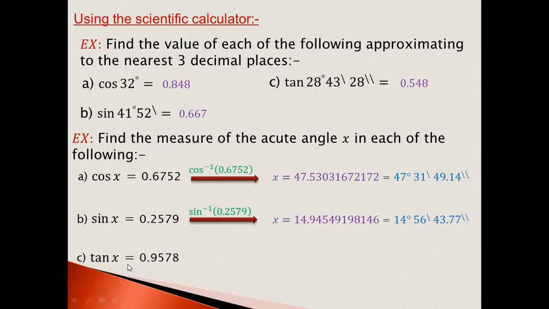Tan x equals 0.9578. We can press shift in the calculator and then write 0.9578. And then the value of x is going to be this value. And then we can convert it into degrees and minutes and seconds. It's going to be 43 degrees and 44 minutes and 54.69 seconds.